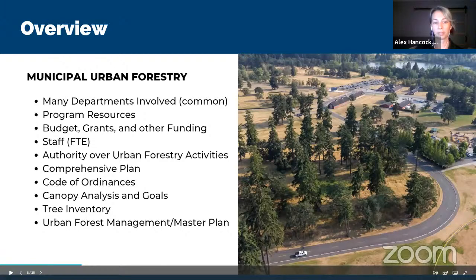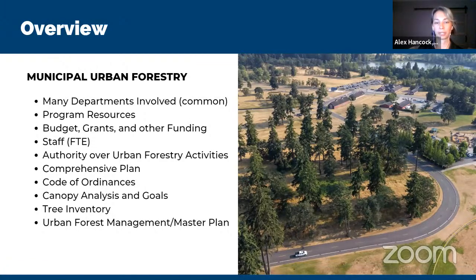So as part of this overview, I just wanted to zoom out quickly to highlight the many variables that are included in municipal urban forestry. Setting a policy is one piece of the puzzle, and it can really impact everything else that you see on this slide. So it's important to recognize that in Lakewood, the city has defined and accomplished some of these things, but some of these actions are in process that we're working on right now, and some of the actions are not yet happening.